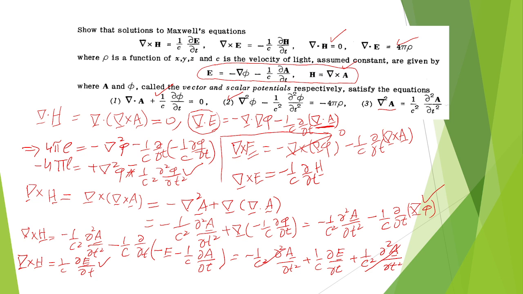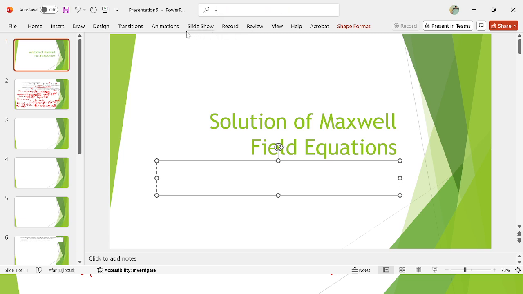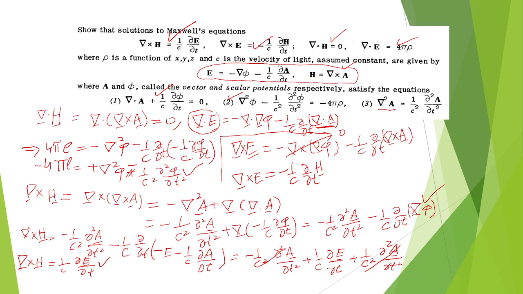This third equation of Maxwell, this one is satisfied, this is satisfied. This is satisfied, this is satisfied. So the solution of the Maxwell equation satisfies this condition, this sort of function under these conditions. That's all for the solution of the Maxwell equation.